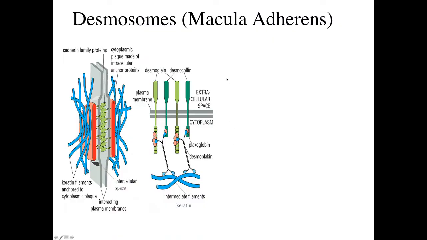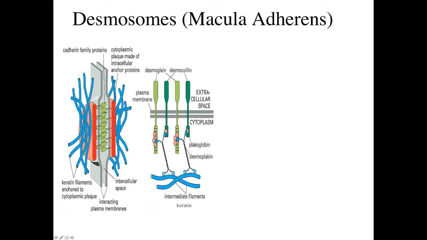Desmosomes, or macula adherens, diagrammatically shown here, interact with keratin in the cytoskeleton. They have very characteristic electron-dense protein plaques, and then these proteins between the cells like desmoglein and desmocollin are integral membrane proteins spanning the membrane, binding to similar integral membrane proteins on an adjacent cell.